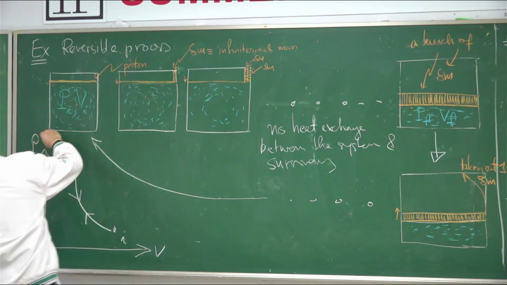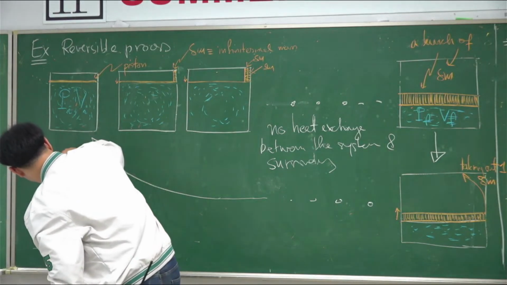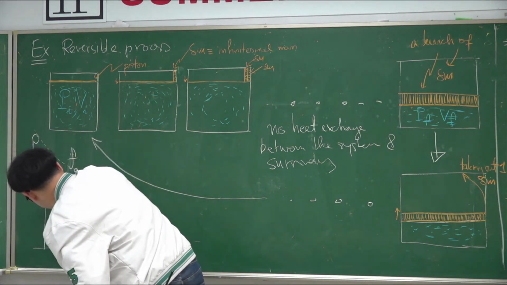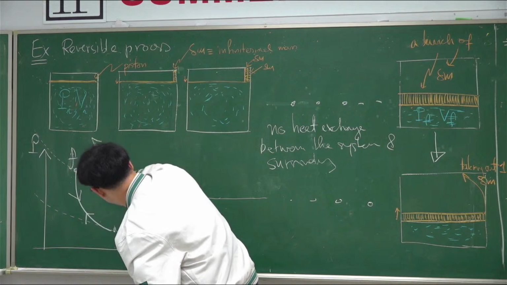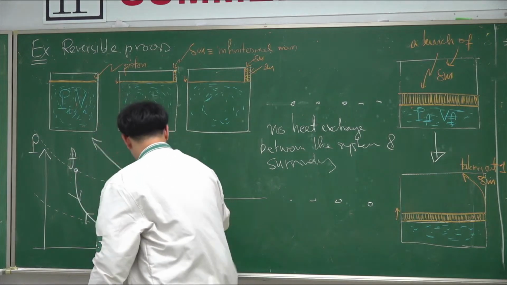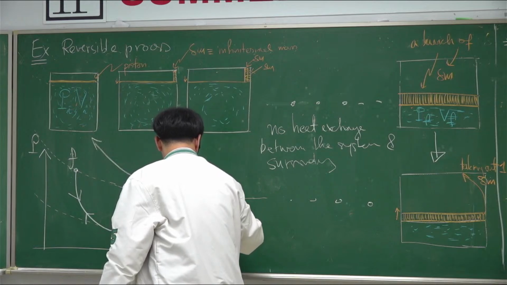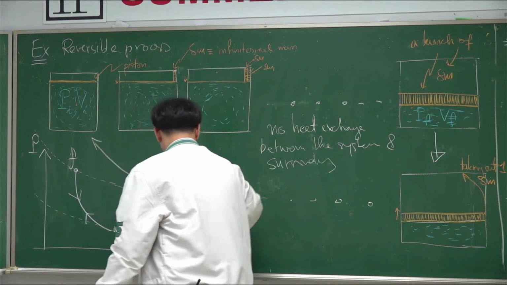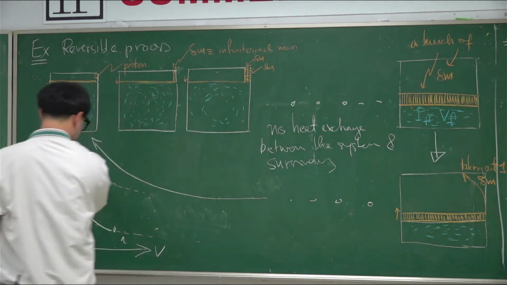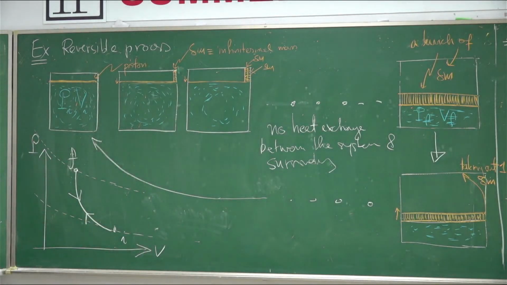And this dash line gives us a different temperature, right? Because different PV gives us different temperature.